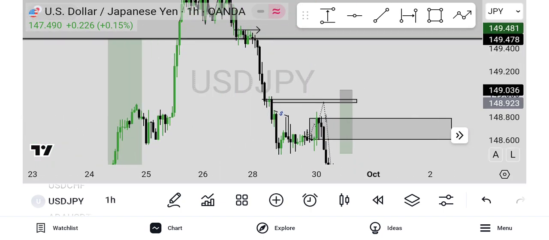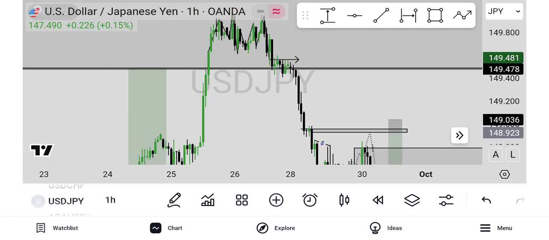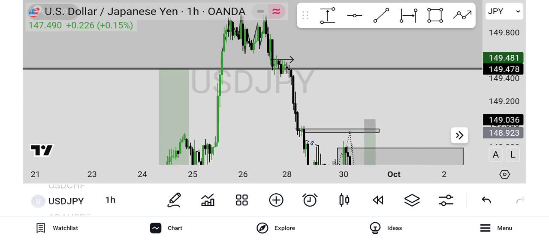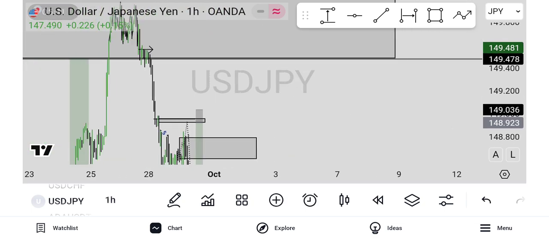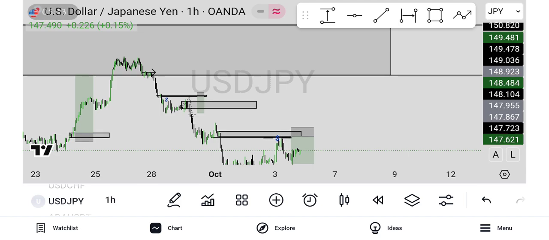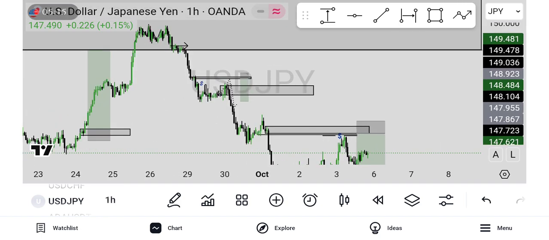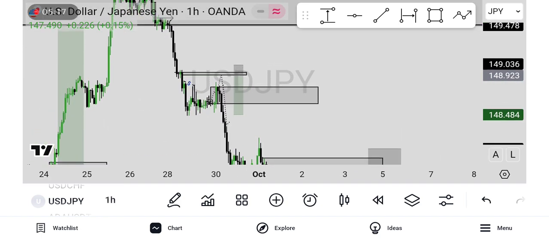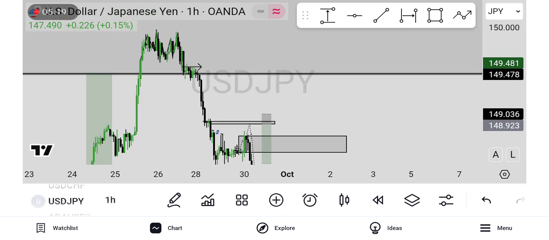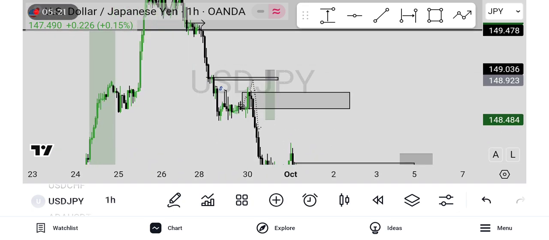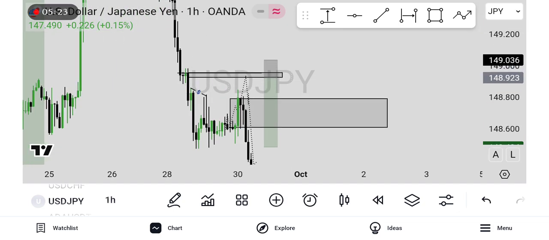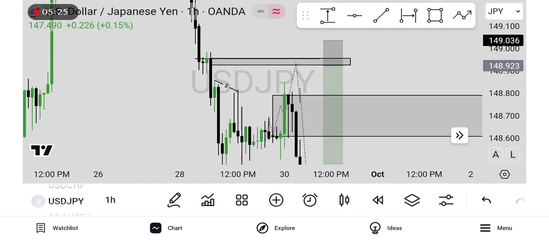So on this place, as you can see, that was the initial one I drew. So after price rejected this place, I now knew that it was in for a sell. That's why I look for this position here.